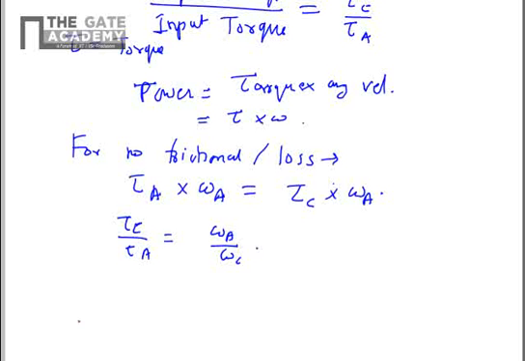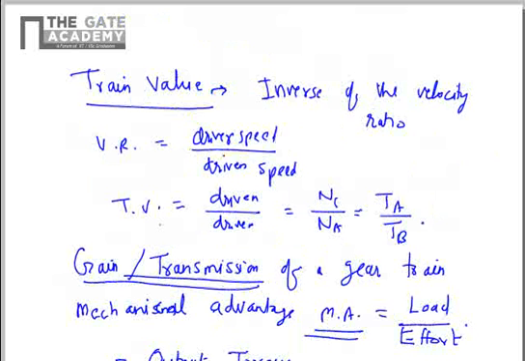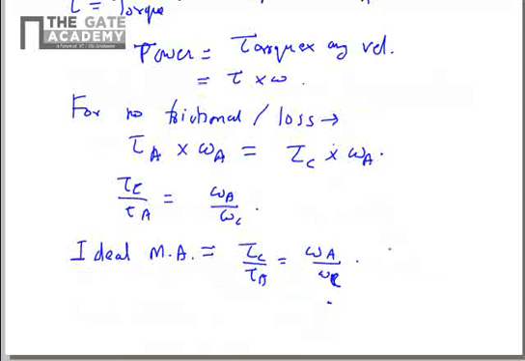Hence the ideal mechanical advantage, that is the mechanical advantage without any losses, will be equal to tau C by tau A, which is equal to omega A by omega C. And this we know from our definition of velocity ratio, that the velocity ratio is driver speed by driven speed, so omega A by omega C. So this value is the same as the velocity ratio.